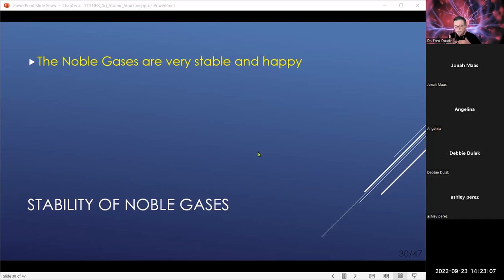And to lose one electron would take a lot of energy. And to gain an electron, these noble gases would have to put it in the next energy level, which is not a very stable position to be at.